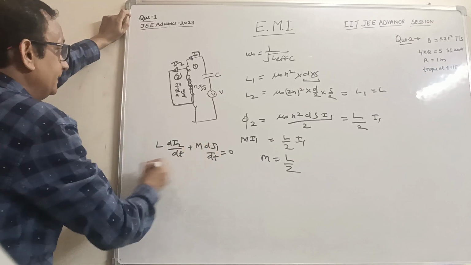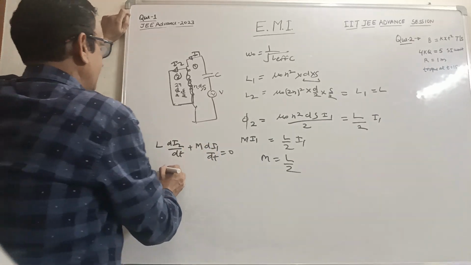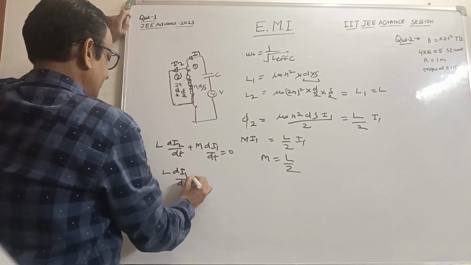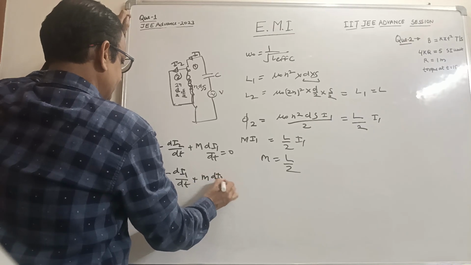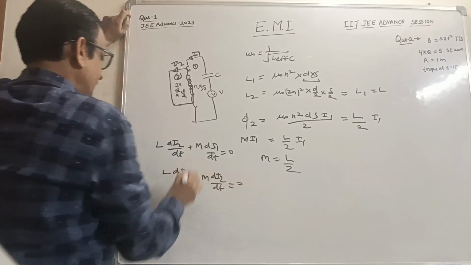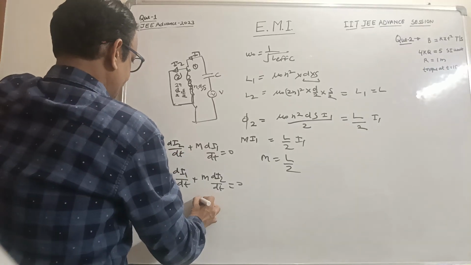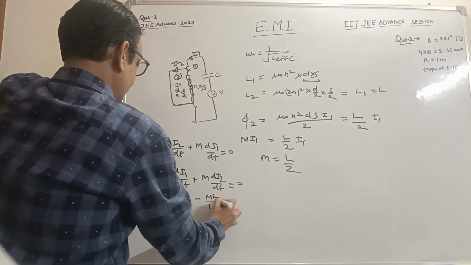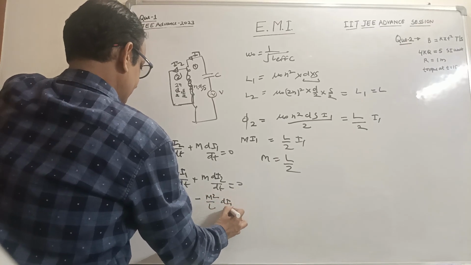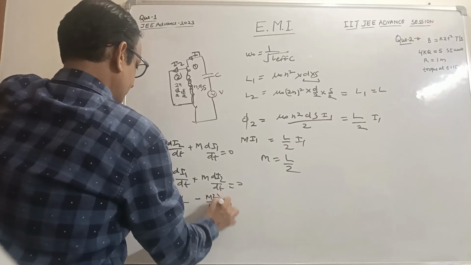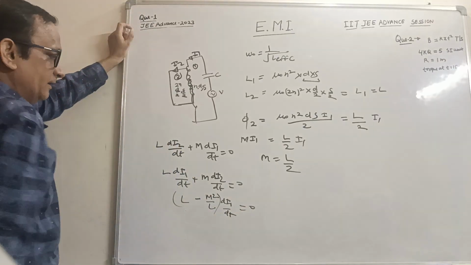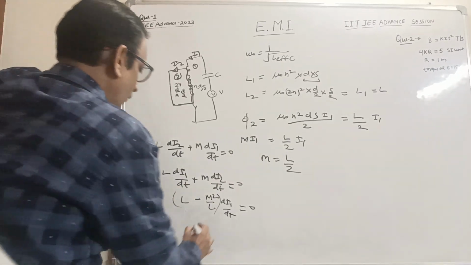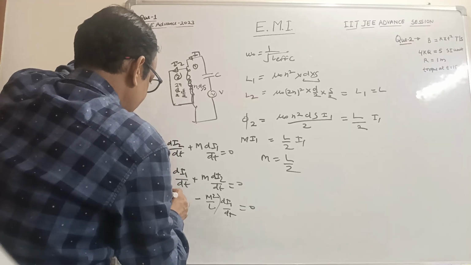For the first coil, it is L di1 by dt plus M di2 by dt. Putting in the value of di2, this becomes minus M square by L di1 by dt. Putting M equal to L by 2, this becomes 3L by 4.